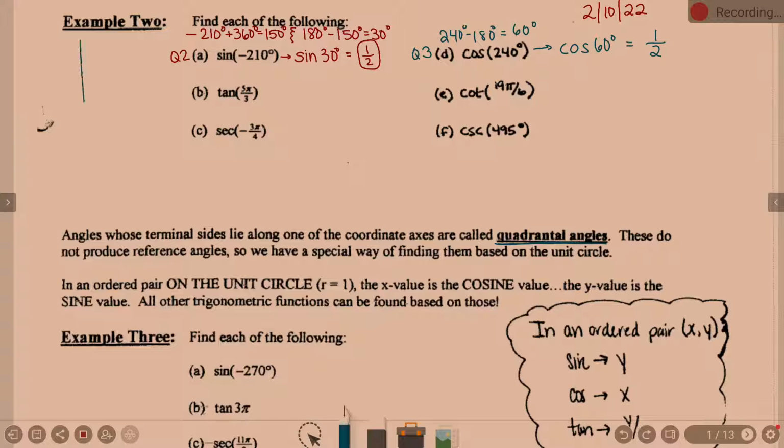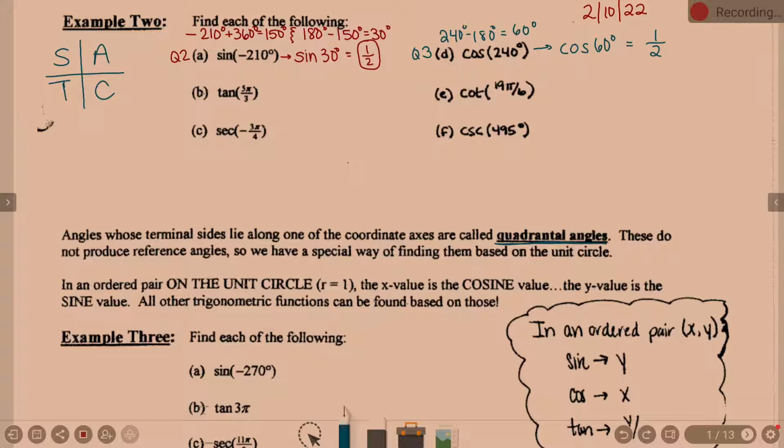And then what do we know? It's negative. All students take calculus. We're in quadrant 3 here, yes? What's the T say? Tangent is positive.